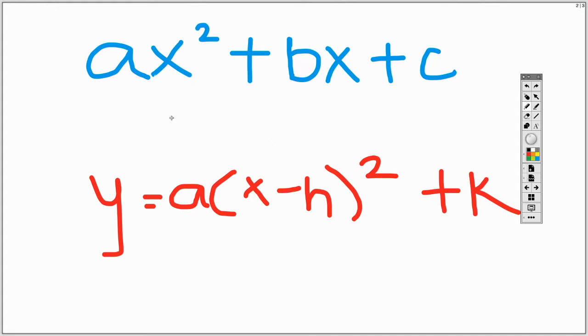In our last video, we learned that the standard form of a quadratic function was ax to the power of 2 plus bx plus c. That was the standard form of a quadratic function, and that's what makes the graph a U shape.